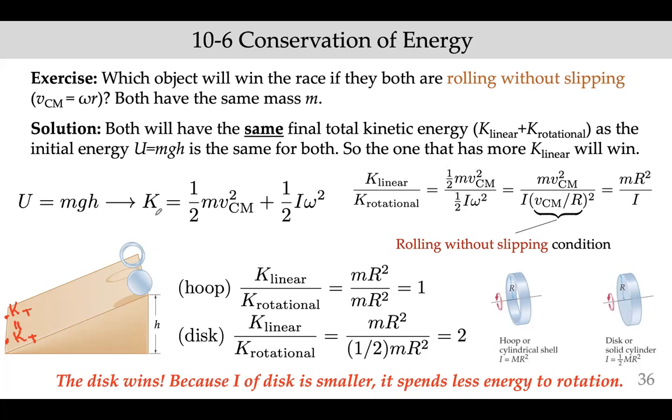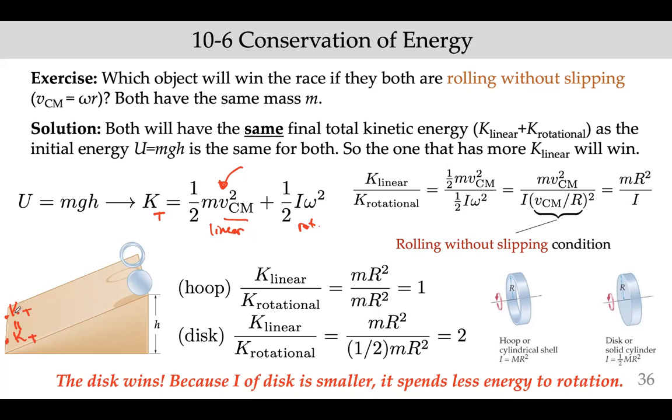But because K total has two parts, right? One is coming from linear motion or translational, the other is rotational. Now, if one of these objects spends more into linear motion, that will have more translational speed at the bottom.